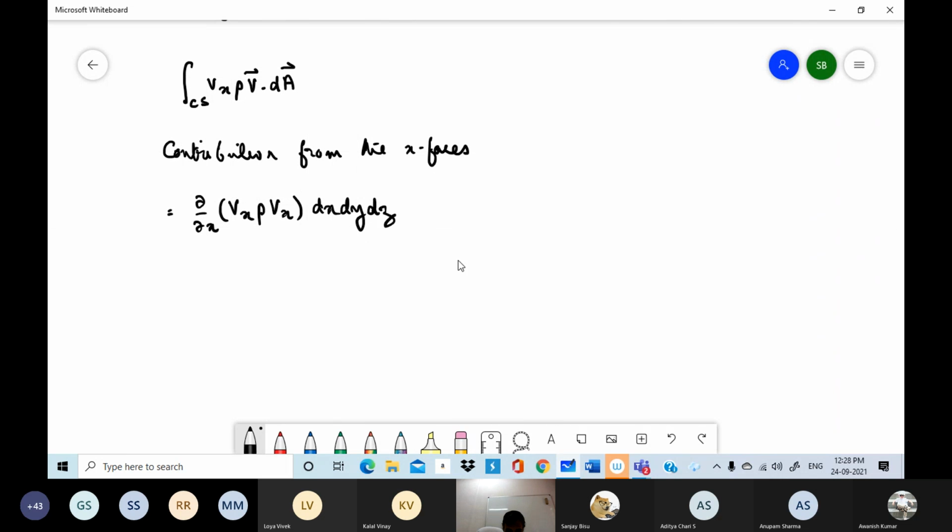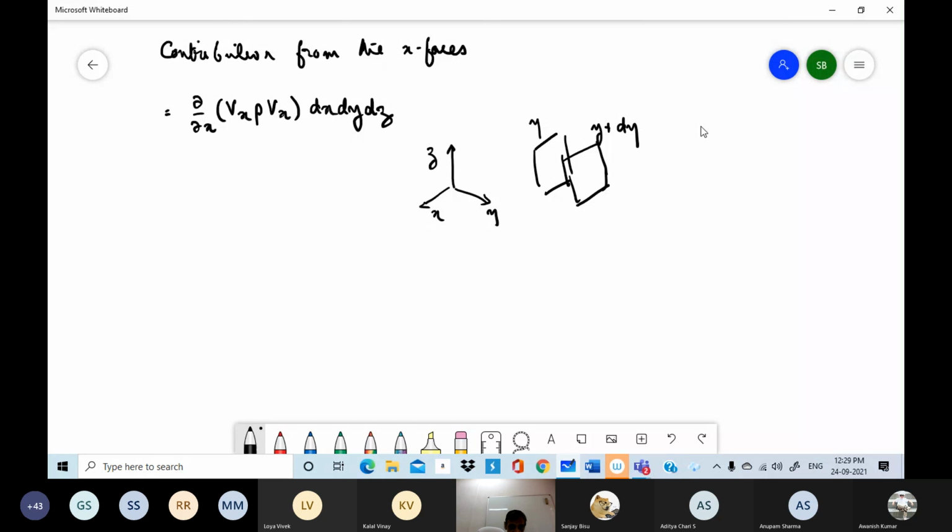Now we said let's consider the contribution from the y faces. So let's say I have one face at y and the other face at y plus dy.